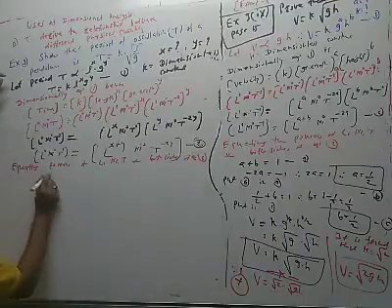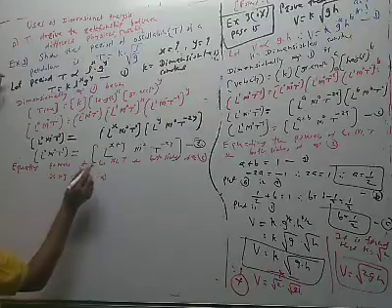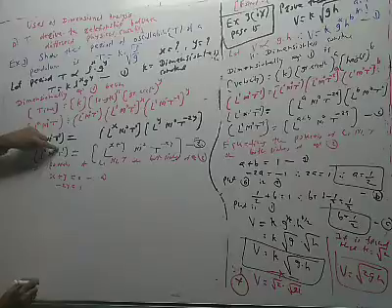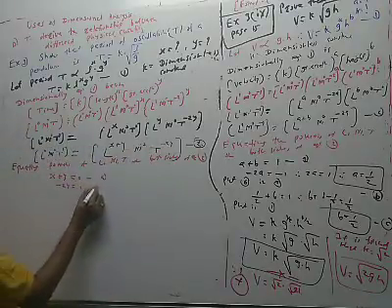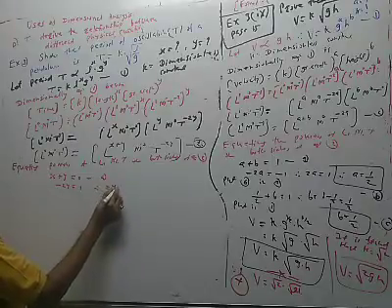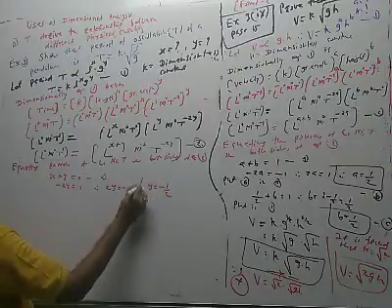So 0 is equal to x plus y. This is equation small a. And minus 2y is equal to 1. So this will give 2y is equal to minus 1, and therefore y is equal to minus 1 half.